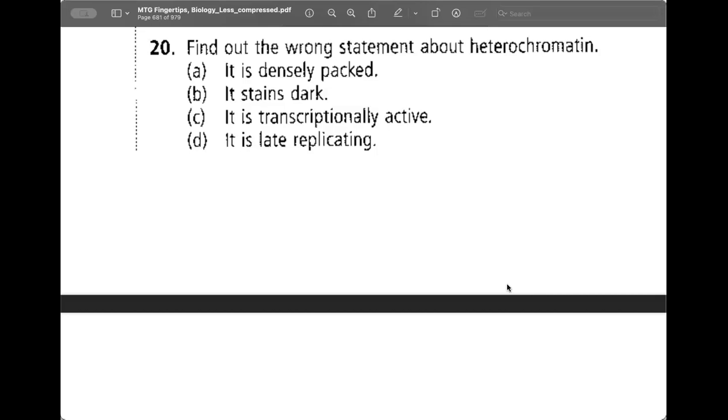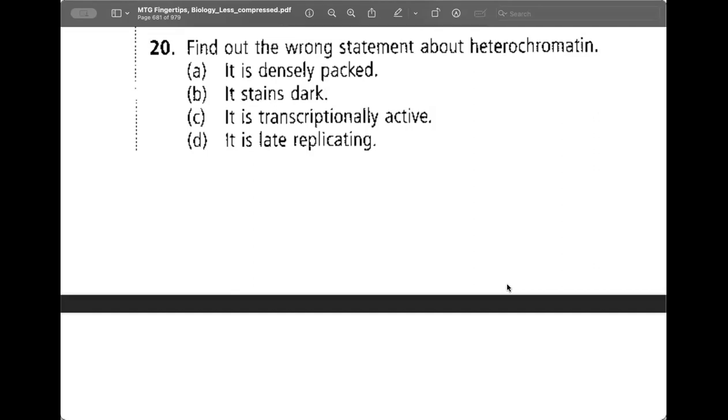Since it is a very, very densely packed region, it will take some time to open this. It's like a clenched fist. If you have to take something from an open fist versus a clenched fist, it will take a lot of time in a clenched fist because you will first open it. So that's why it is late replicating. These regions replicate last.